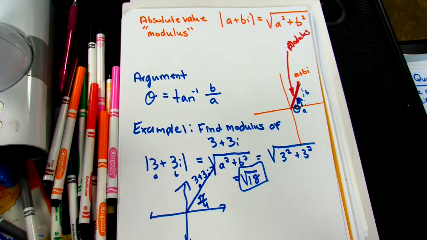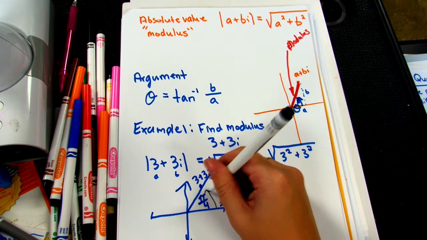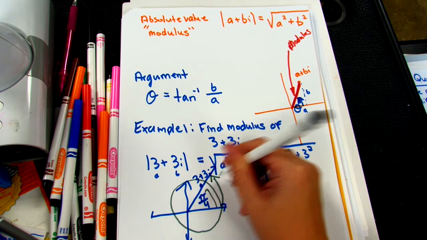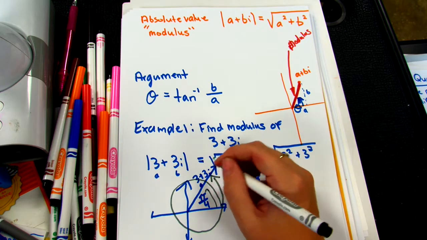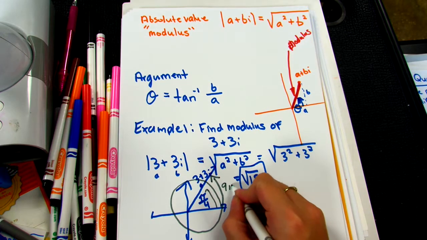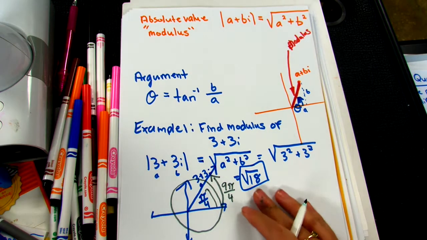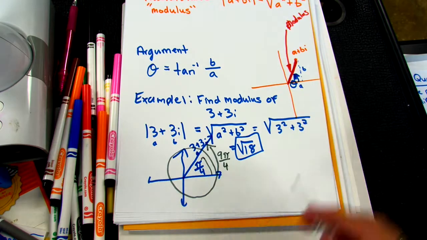However, it could also have an argument of 9 pi over 4. Remember we talked about coterminal angles.